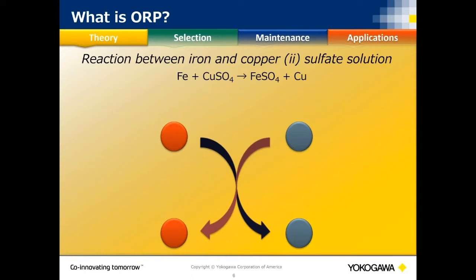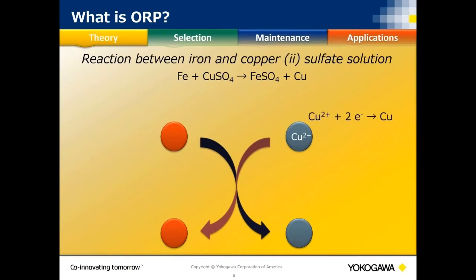One reaction cannot happen without the other. So something is getting oxidized, something is being reduced. There's an acronym to help remember it, because when we get into this, the terms get kind of confusing and it looks kind of backwards at times. But if we can remember OIL RIG, oxidation is loss, reduction is gain, that'll help us through this.